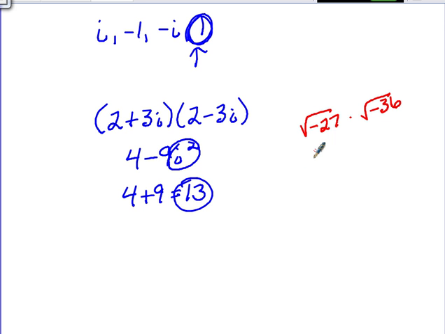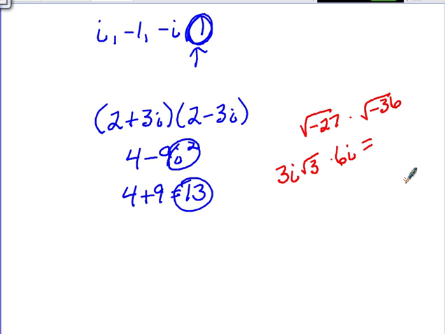Square root of -27 is the square root of -1, so I'm going to put an i in that spot, times the square root of 9 times the square root of 3. That'd be 3i root 3. Times the square root of -36, which is the square root of -1 times the square root of 36. So clean that up.